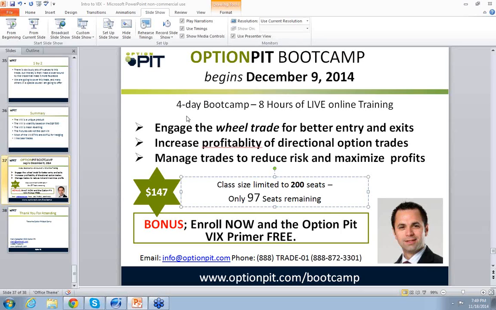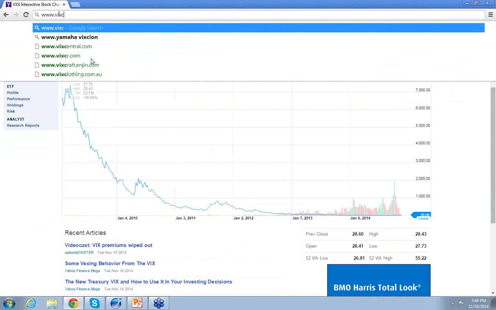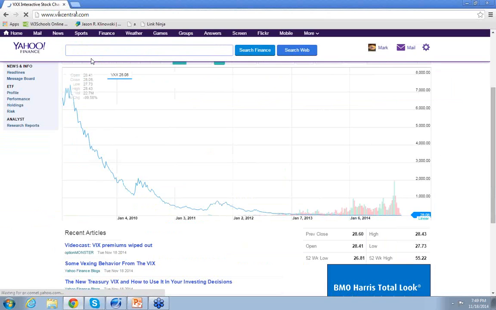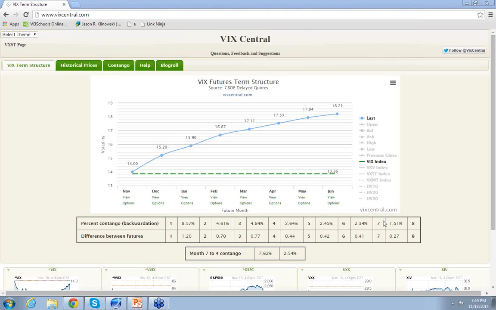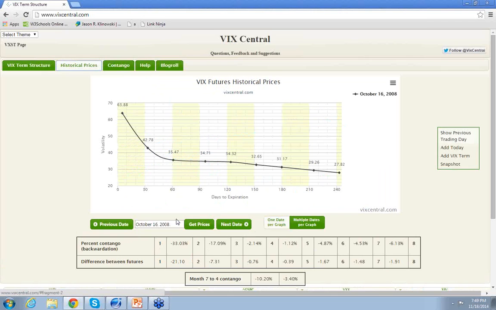Could you use actual numbers rather than just a theoretical explanation? For backwardation? Sure. Let's go to VIX Central and I'll show you. So here's obviously contango, and here's where everything's settled. We'll look at historical prices, and here is October 16th, 2008.